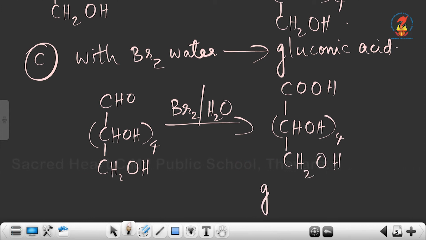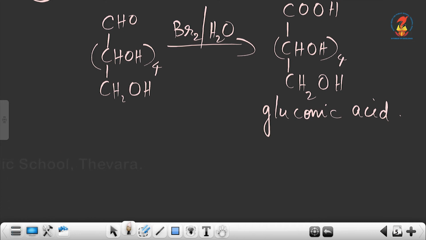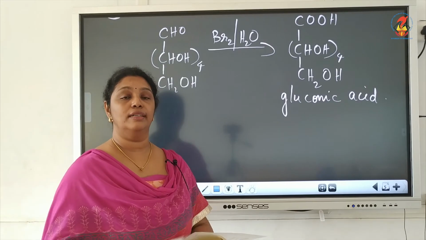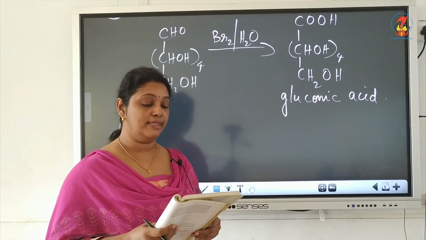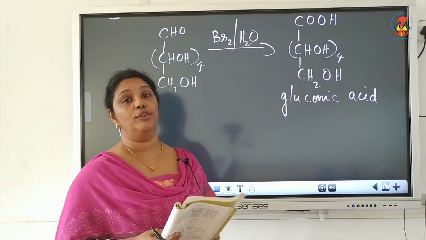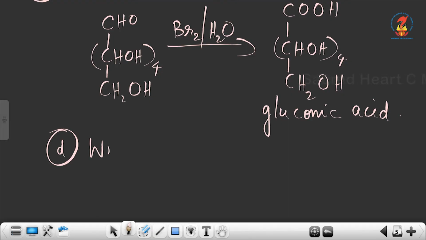And this is the structure of gluconic acid. Now, the next reaction is D. So, we got that glucose has an aldehyde group present in it. Now, next is acetylation of glucose with acetic anhydride. So, the reaction is with acetic anhydride.